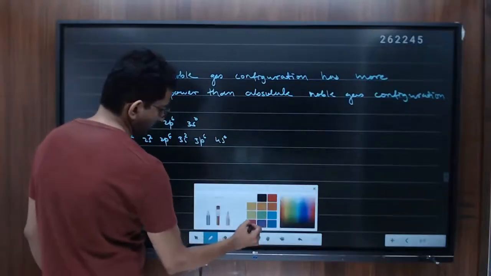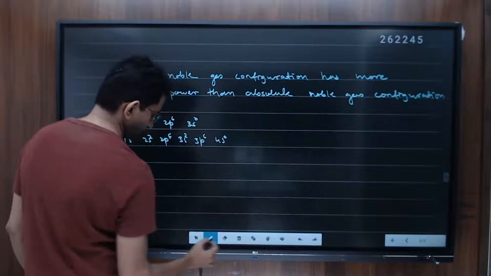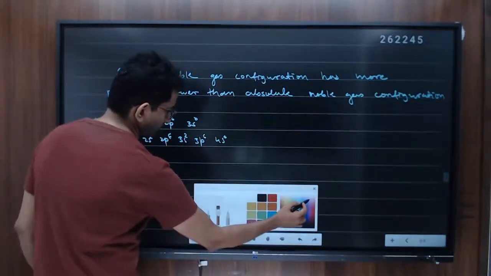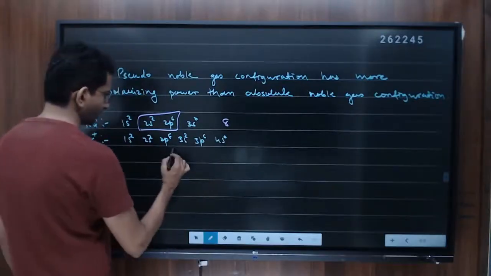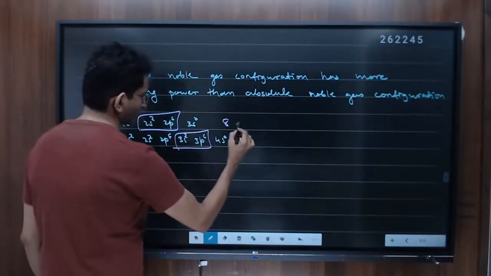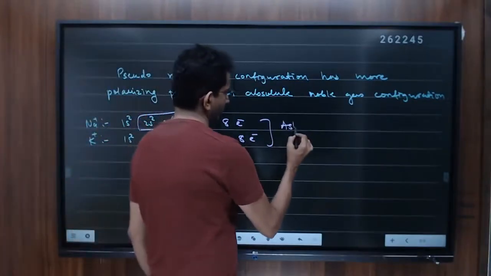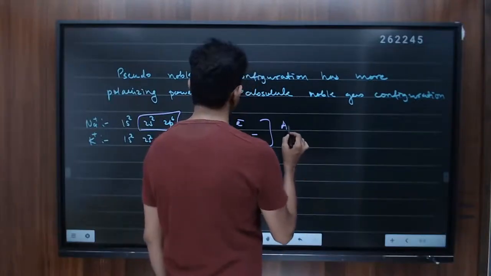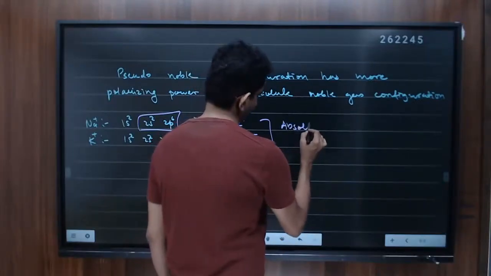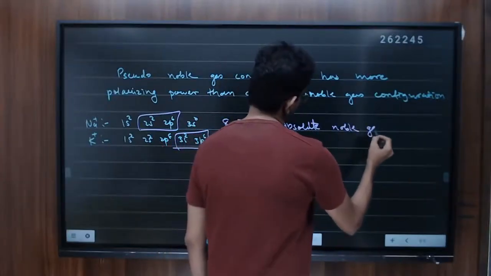Now you look at this, these have 8 electrons in the outermost orbit. This is what is called absolute noble gas configuration.